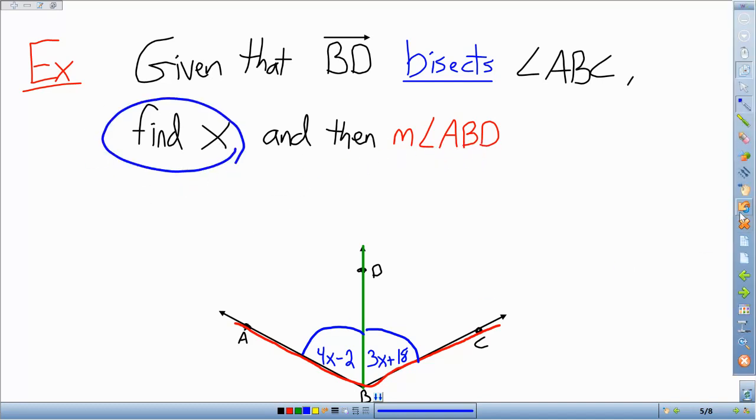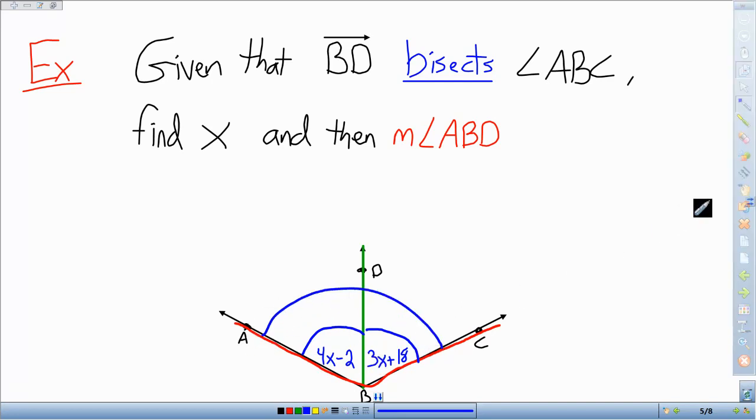Find x. To find x, just like before, we need to write out an equation. So the question is, are we going to do the same type of equation we did on those last problems? Are we going to say this angle plus this angle equals the entire angle? Well, if we knew what the entire angle was, we could do that, but we don't know this entire angle. It's not a straight angle.